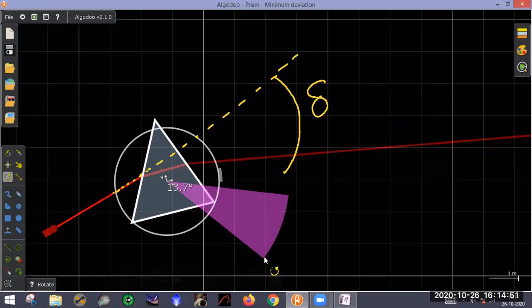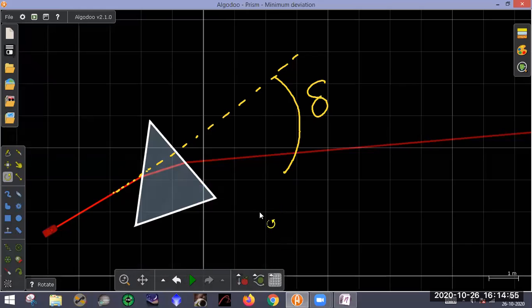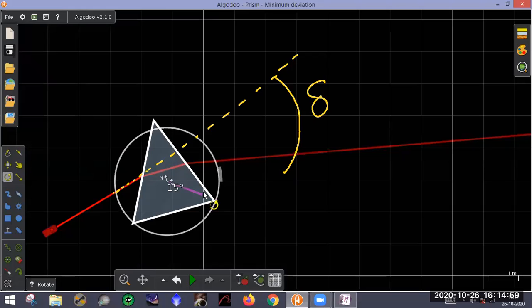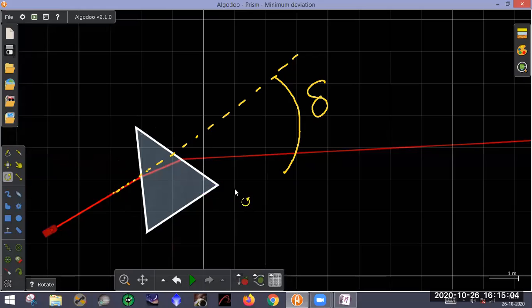So at some point here we have the minimum deviation. What is being shown right now is actually the minimum deviation, because whether you turn it here or there, the deviation only increases. It means the deviation can't be zero.